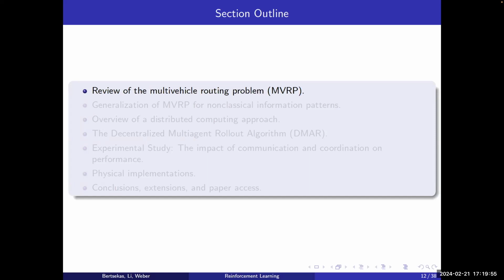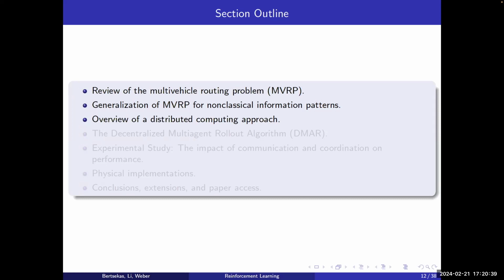So this is an outline of the section. First, we're going to review the multi-vehicle routing problem. I have a special formulation of it that we haven't quite seen in this course, but it's not complicated. Then we're going to look at a generalization of the multi-vehicle routing problem for non-classical information patterns. To approach solving these types of problems, we're going to use a distributed computing approach. I suspect that none of you have ever seen anything related to distributed computing, except maybe if you've taken an undergraduate operating systems course and remember the dining philosophers problem.